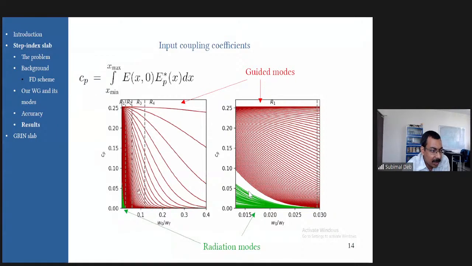So you can find plots of two different colors, one in red and a set of plots in green. The set of plots in red correspond to the guided modes of the waveguide, and the curves in green correspond to the radiation modes. There are 4 regions which I have marked over here, R1, R2, R3, and R4 on the graph. R4 corresponds to the region which is classified as the paraxial region by Nemoto. R3 corresponds to the region where the first order approximation holds.